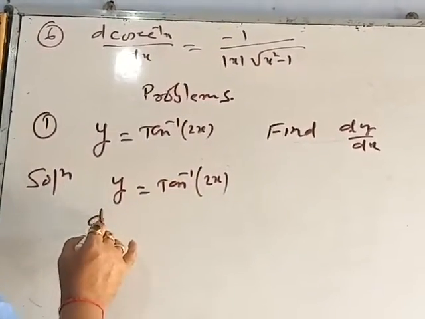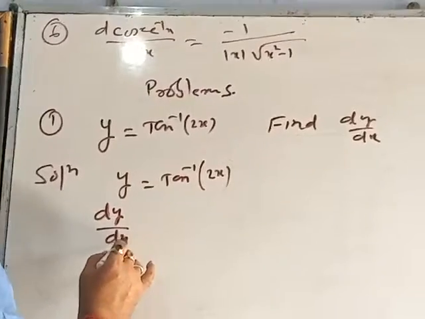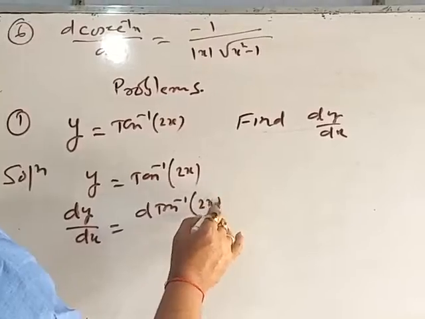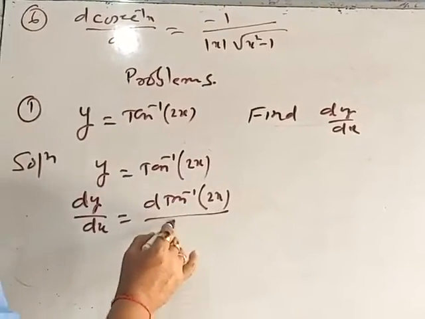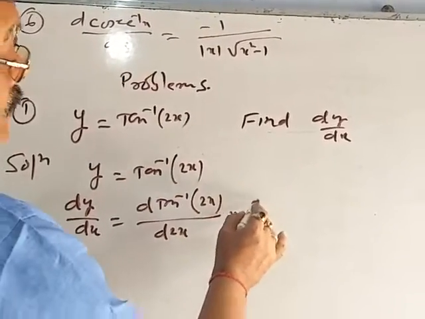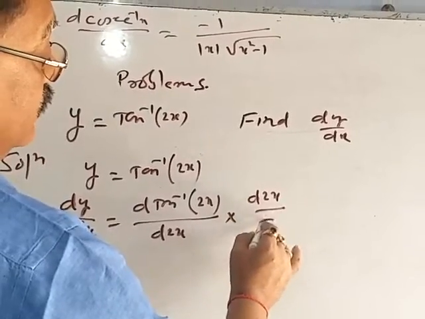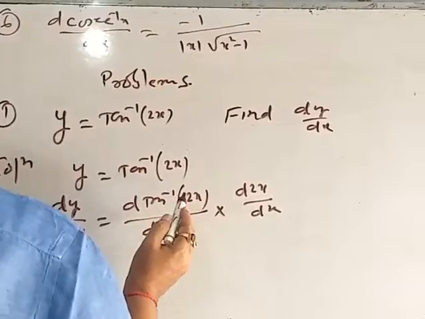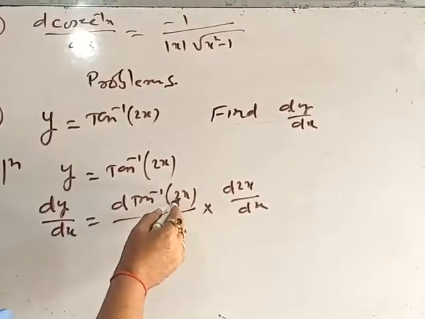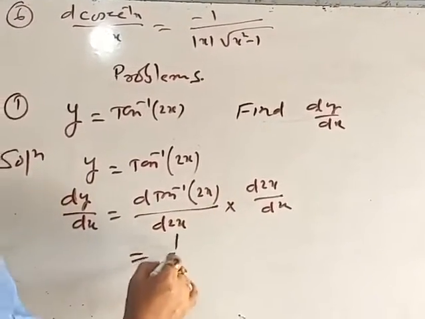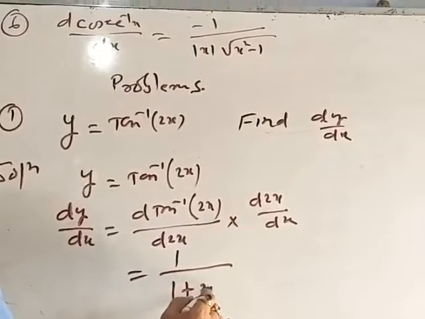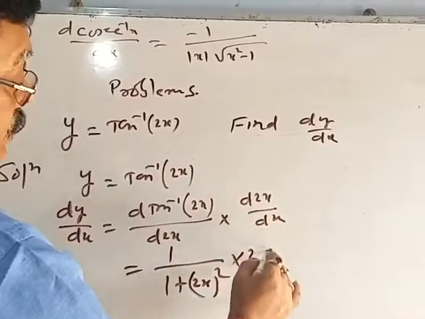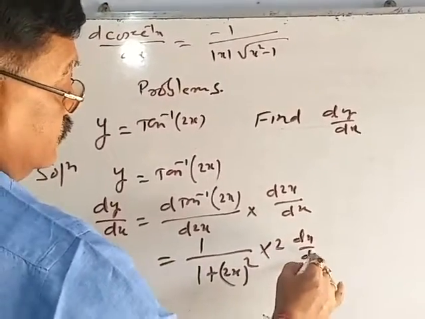dy by dx is d tan inverse 2x, which depends upon 2x, with respect to 2x, and d 2x by dx, students. Now we know the tan inverse x formula. Here the angle is 2x, so 1 by 1 plus 2x square, times 2 constant, dx by dx.